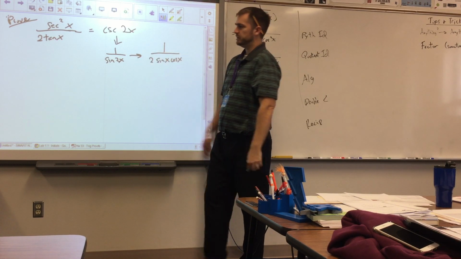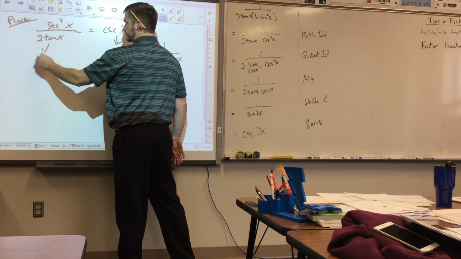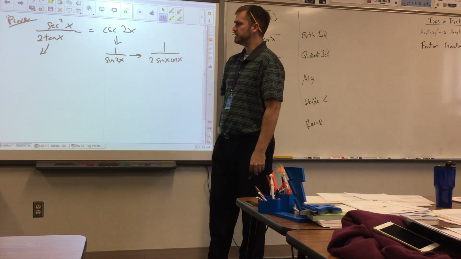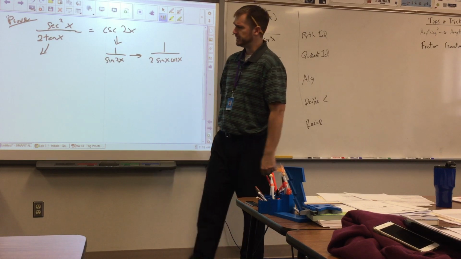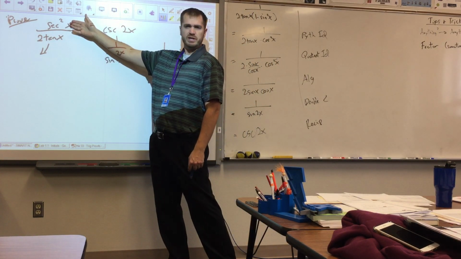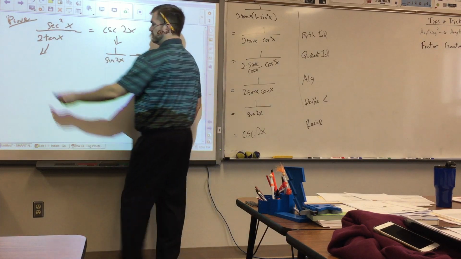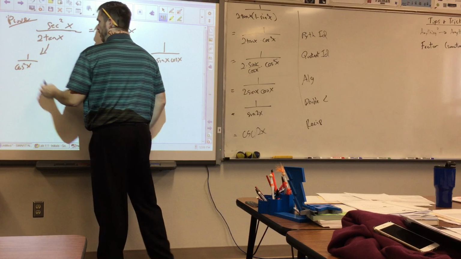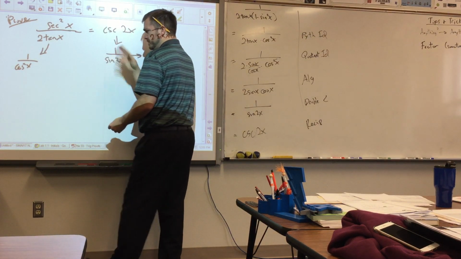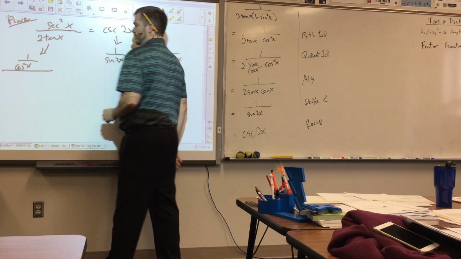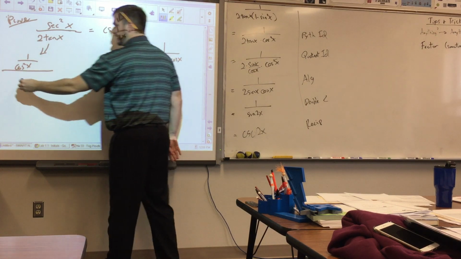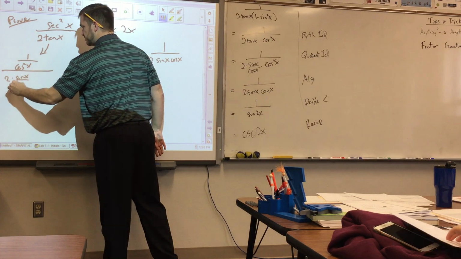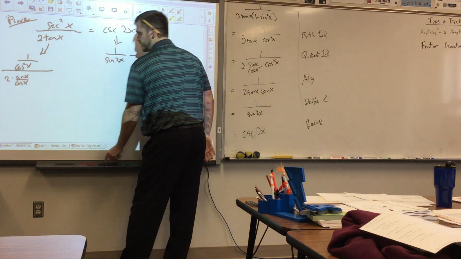This is the way I'm going to prove this one. Since this is going to be super informal, we can do multiple things at one time. Let's turn that secant squared into 1 over cosine squared x. I'm not even going to write the justification, y'all know it. 2 tangent x, I'm going to write as 2 times sine over cosine.